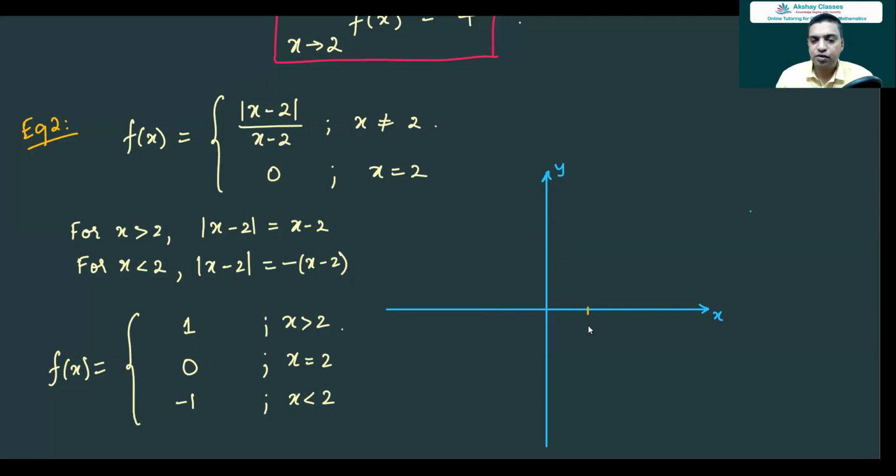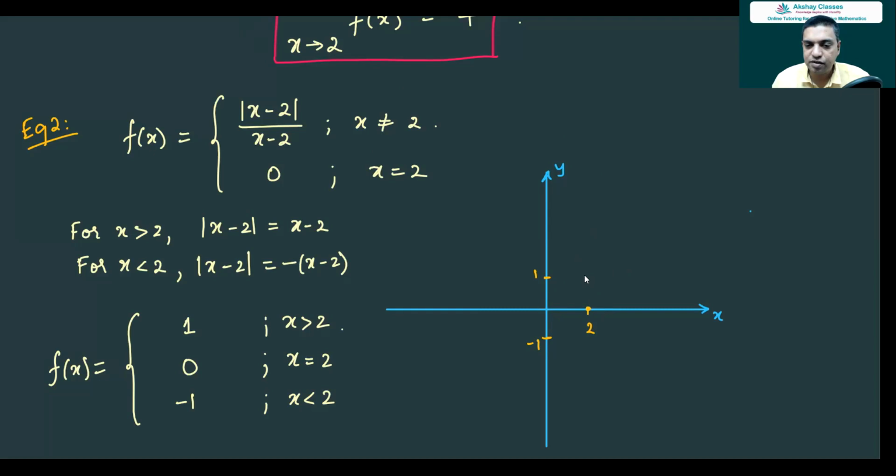So at x equal to 2, now if we plot the graph, this is 1, this is minus 1. So when we plot the graph at x equal to 2, it is 0. And beyond that, I'll use a different color.